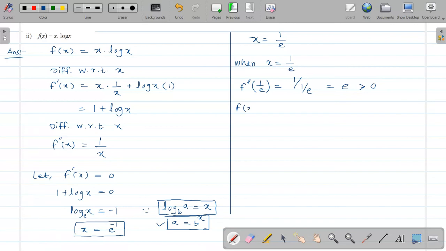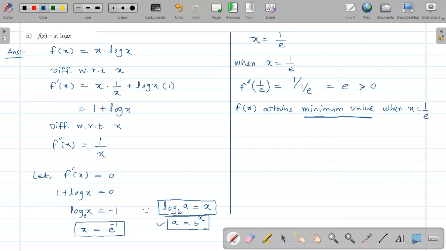So f of x attains minimum value. See here carefully. Minimum value when x is equal to 1 upon e. Means at the point x is equal to 1 upon e, we have checked that the second order derivative is positive. So that's why we know that f of x attains minimum value when x is equal to 1 upon e.